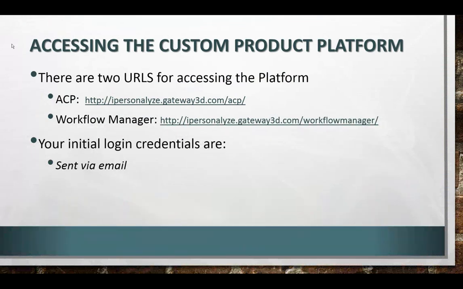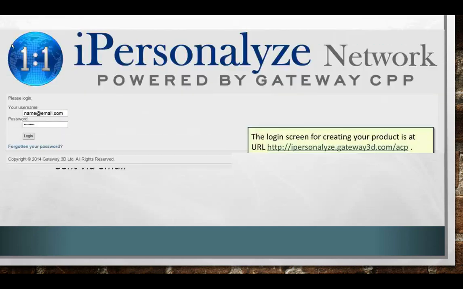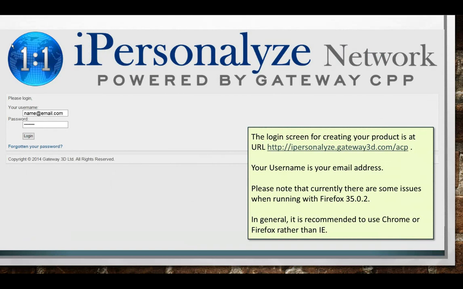The one you go into to create your custom product template is ipersonalize.gateway3d.com/ACP, and your login credentials would be sent via email. Actually, they should be the same as you use for Print Manager and e-commerce now. We have to tweak some permissions and things to give you the appropriate permissions to do what you need to.